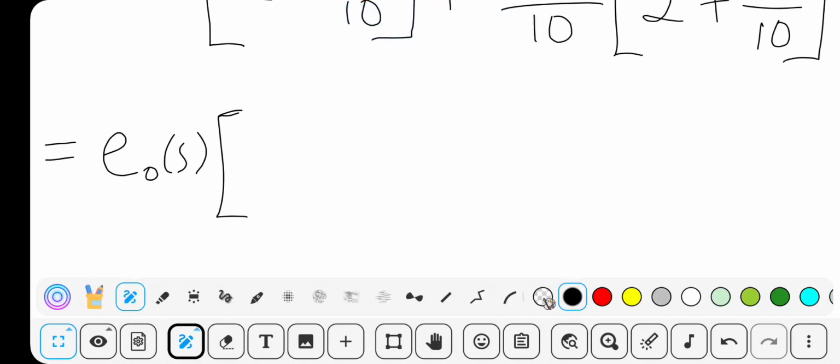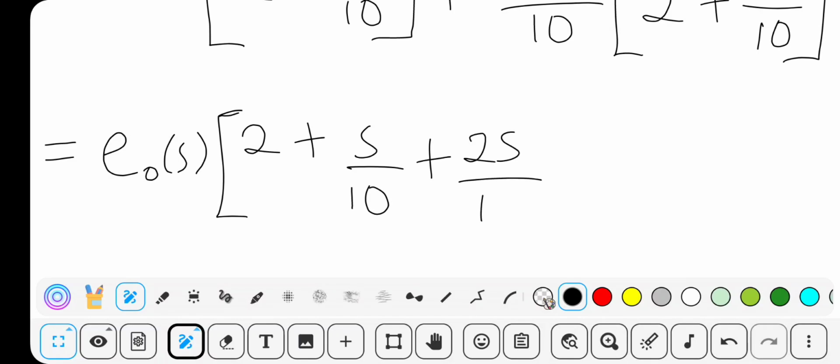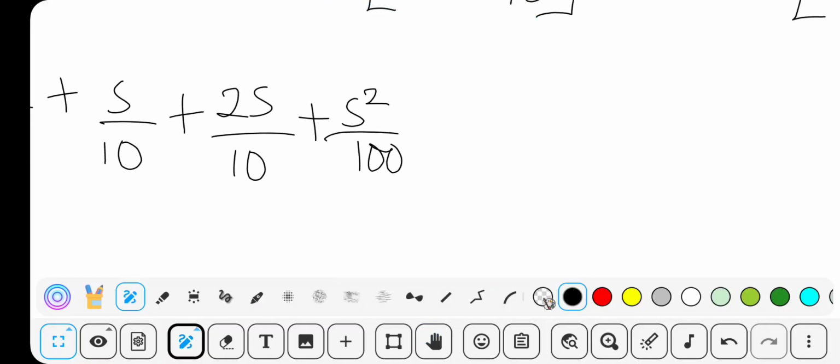This should be 2 plus s over 10 plus 2s over 10 plus s squared over 100 plus 2 plus s over 10 minus 1.